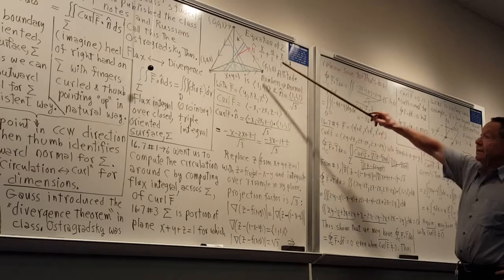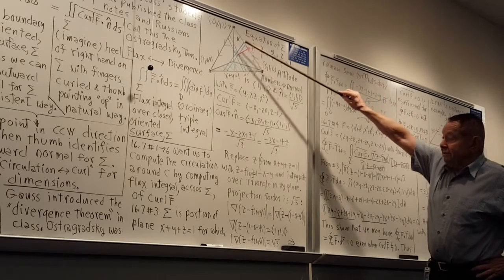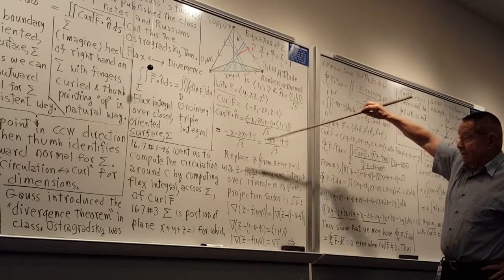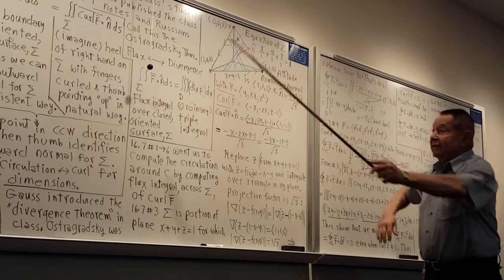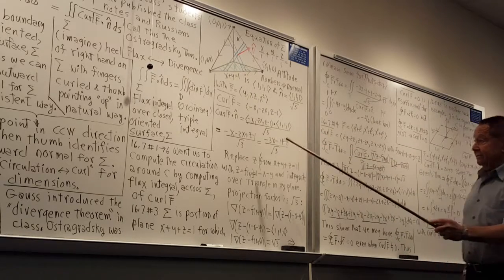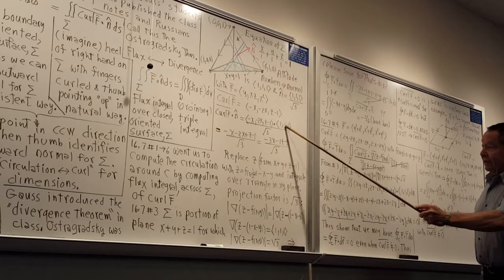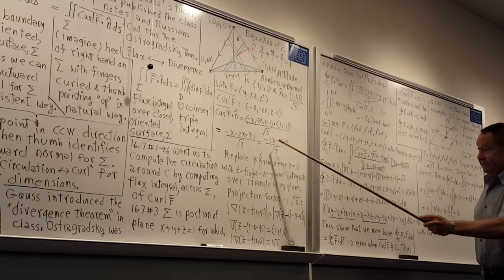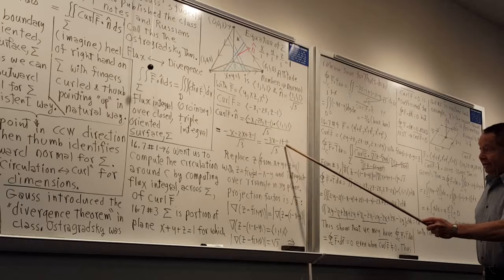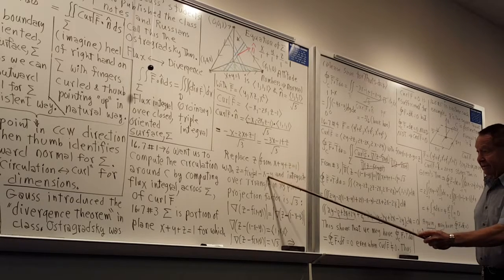And so then you work the dot product of your curl with your n, which is this, and then parameterize when you replace the z like this.